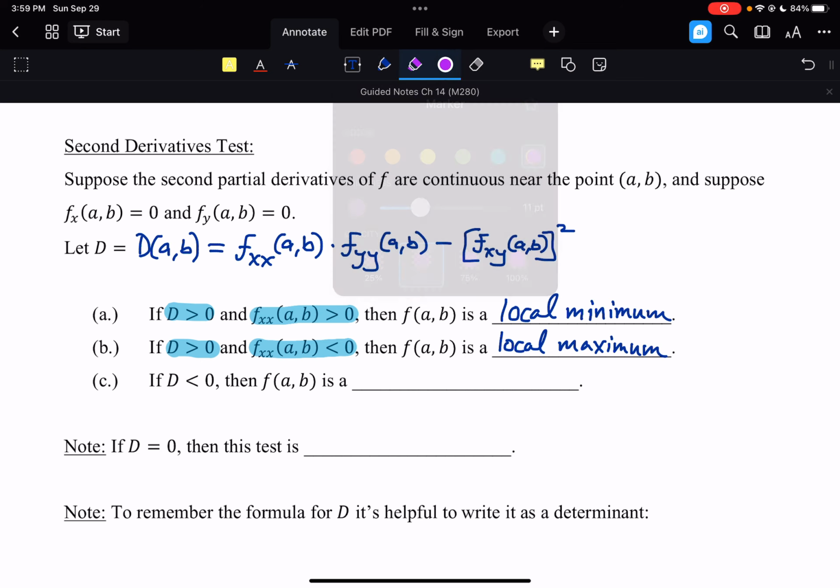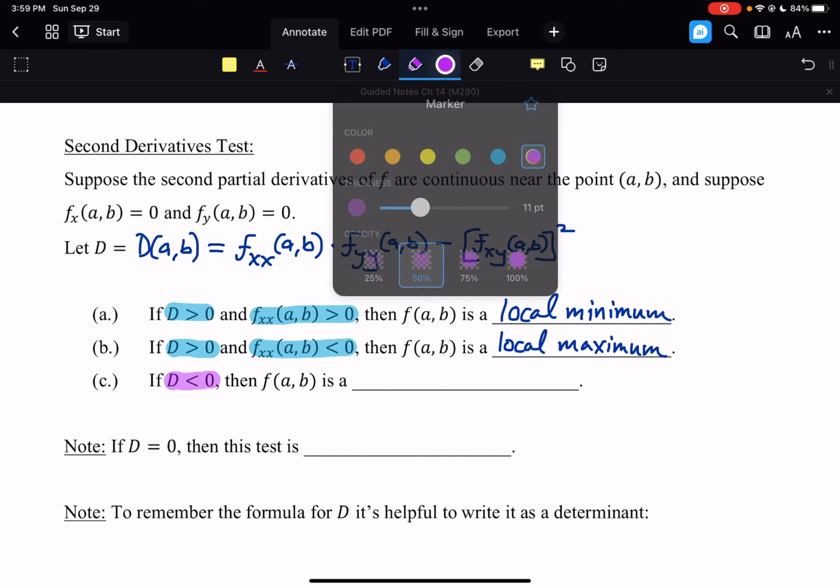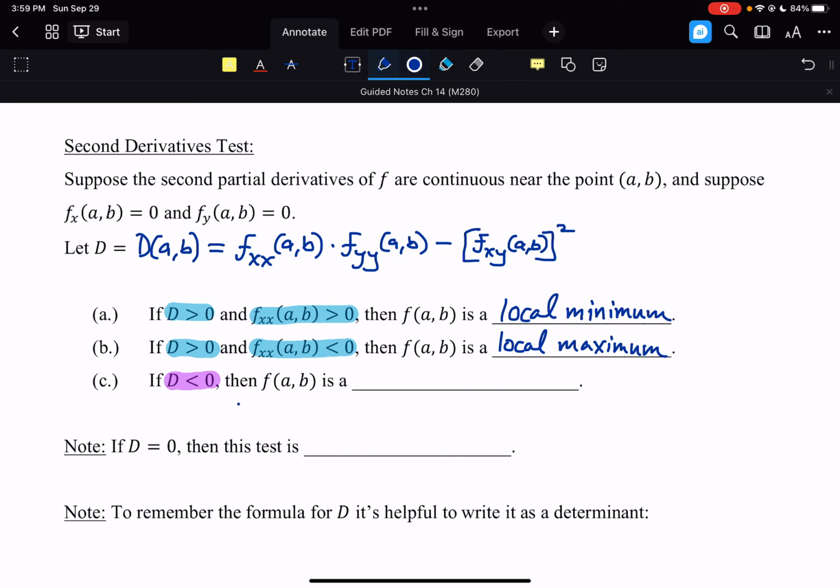If D is negative, no further testing is necessary. If D is negative, that tells us automatically that the value is a saddle point, which again is kind of like the neither case, neither a max nor a min.